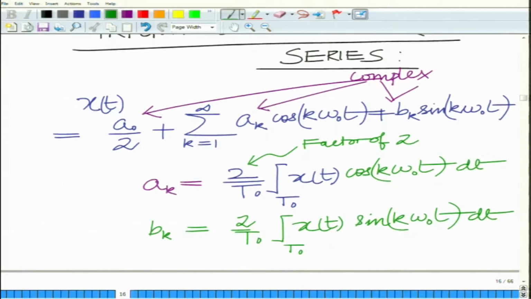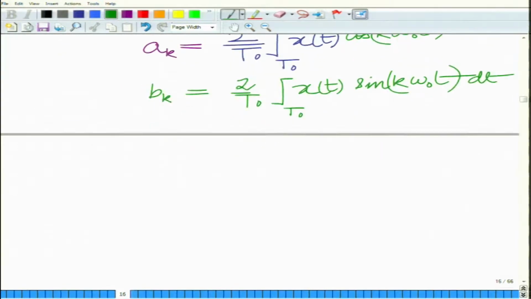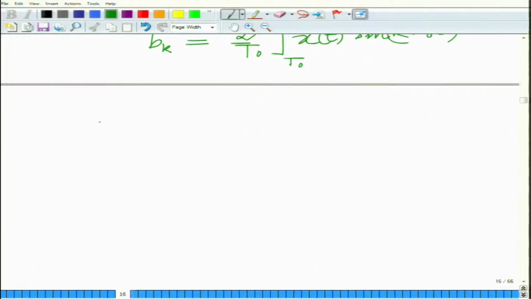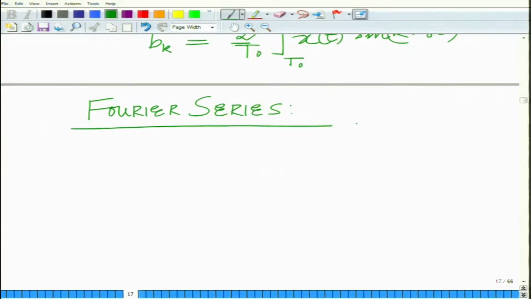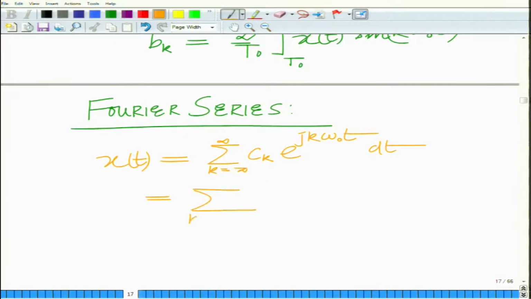Okay. And now let us look at these two things side by side. Now compare with the Fourier series, that is the general Fourier series with the complex exponential. You can see the Fourier series is summation k equals minus infinity to infinity of c k e raised to j k omega naught t, which I can write as follows.